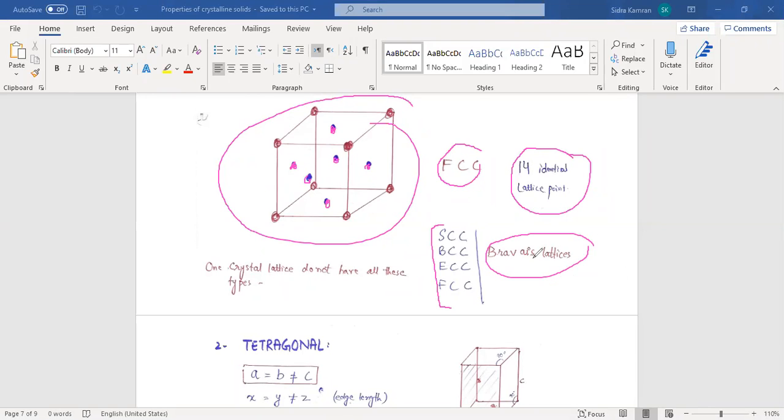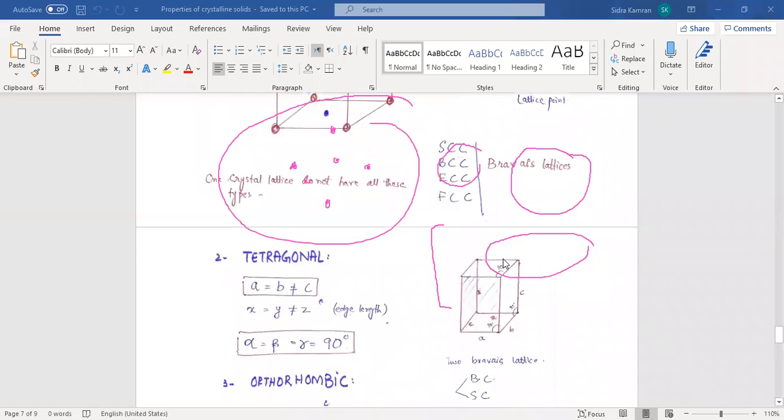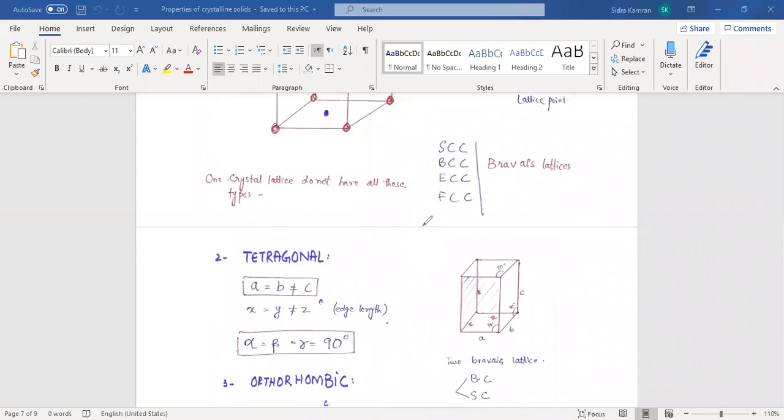Next, first we have a cubic system, the crystal in the form of a cube. Next we have the tetragonal system. In a tetragonal system, edge length A is equal to B, but edge length B is not equal to C. So A and B are equal, but B and C are not equal.